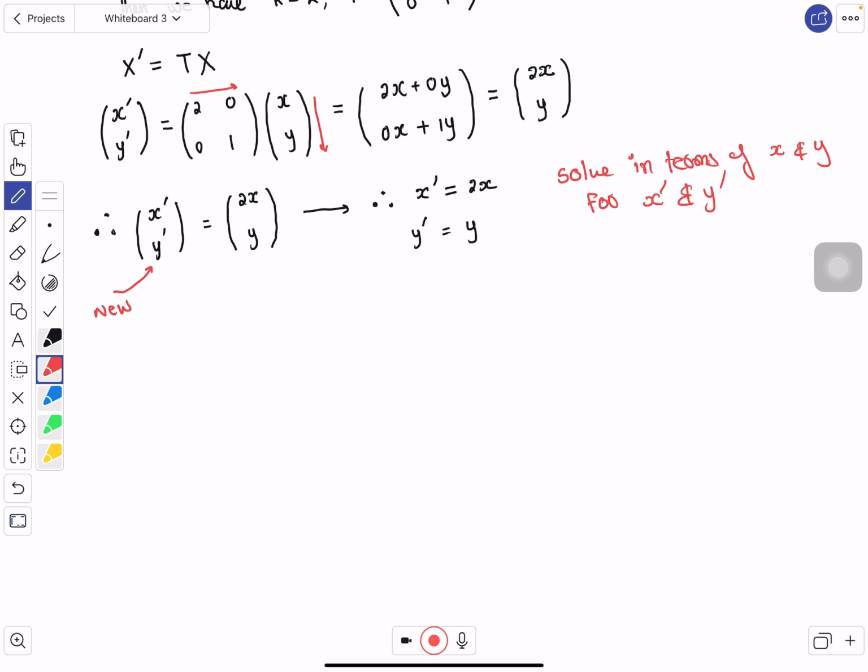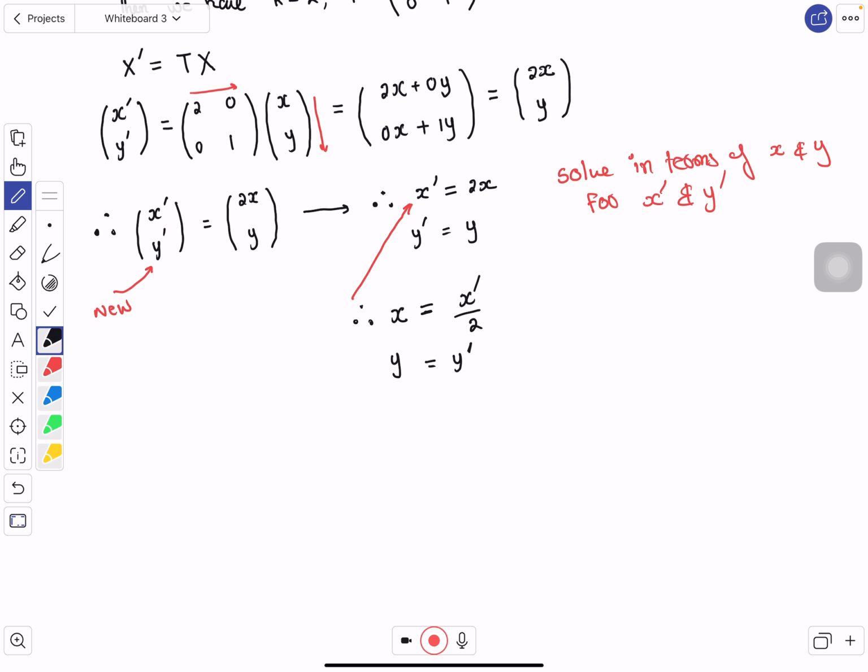So if we solve the first one, x equals x dash on 2. And for the original y, that just equals y dash. So we're putting the old x and y in terms of the new x and y.